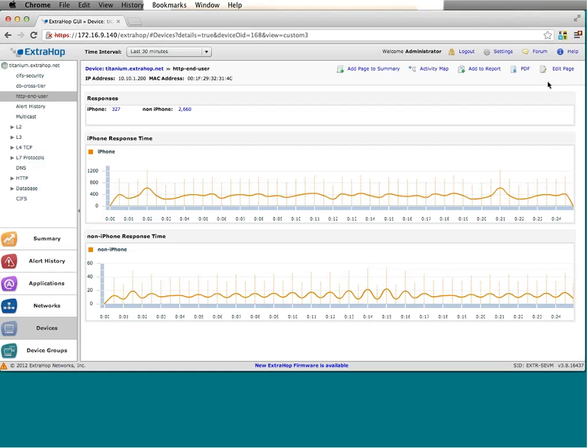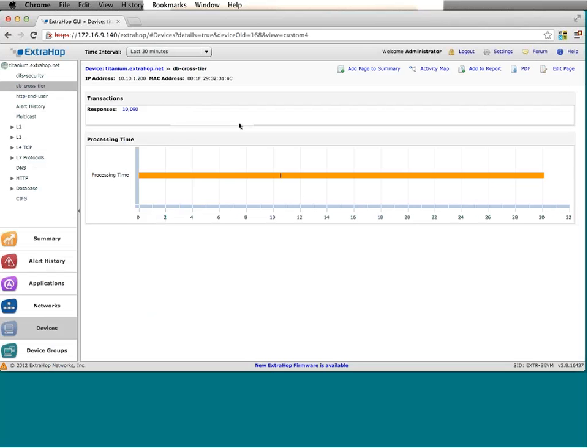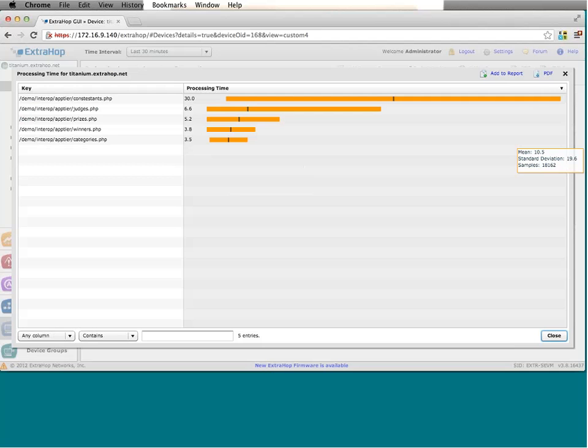We can then combine that with data from other tiers. So we can do cross-tier analytics to understand which web transactions are creating how much database time, for example. This is deterministic cross-tier correlation on a transaction-by-transaction basis for every single transaction in real time, which, if you're a veteran of performance management tools, you might be hearing the words holy grail in your head right now, because this is something that a lot of vendors have been trying to do for many, many years.